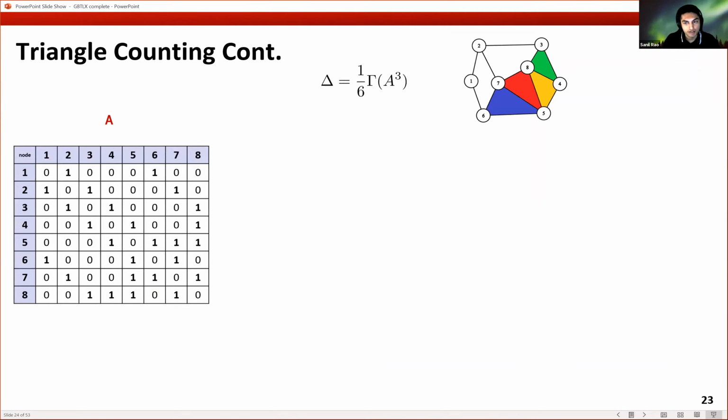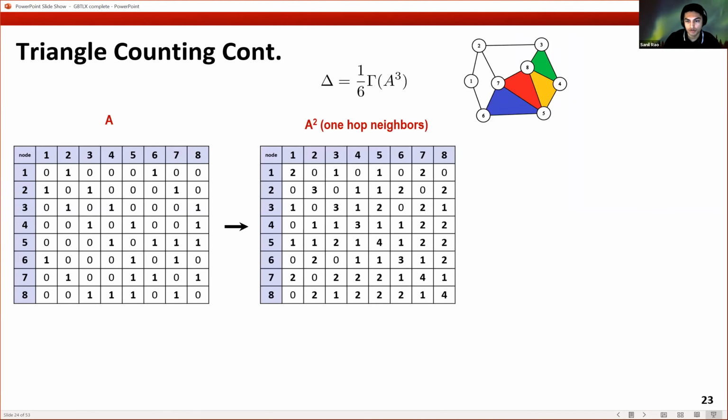So how exactly does triangle counting work, you might ask? Let's take our original graph and one of the formulations we saw on the previous page, 1/6 trace of A cubed. If we start with our input graph A, we're first going to compute A squared, the results of which are shown here. What this matrix multiplication has done is find all the length 2 walks from one node to all its connecting nodes.